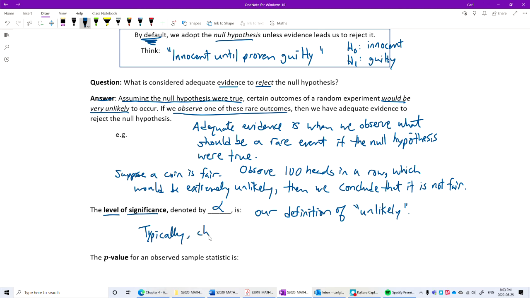Typically we choose alpha equals 0.05. So we're saying that 5% is what we consider unlikely. So if we observe something that should occur only with a probability of 5% or less, we would say that's evidence that our assumption is false.